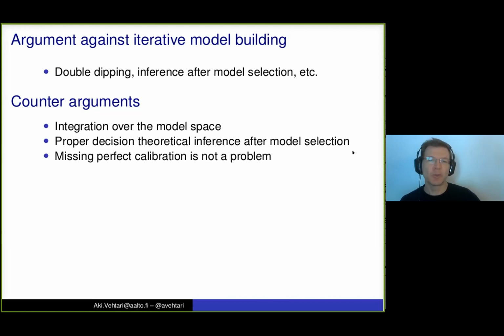As soon as we are doing analysis of a real phenomenon, our models are not perfect anyway. And if we don't have a perfect model, then we don't have perfect calibration. And then additional small bias doesn't matter.